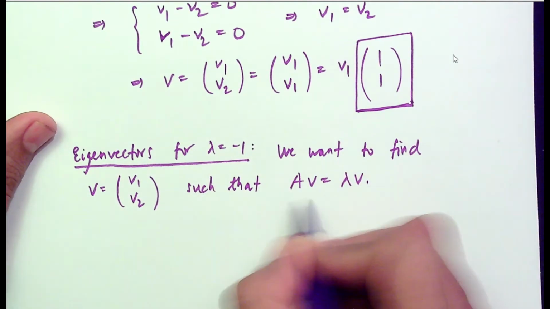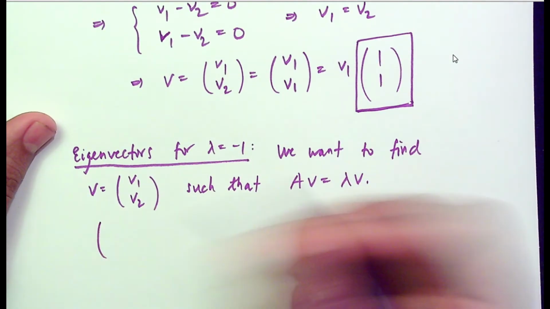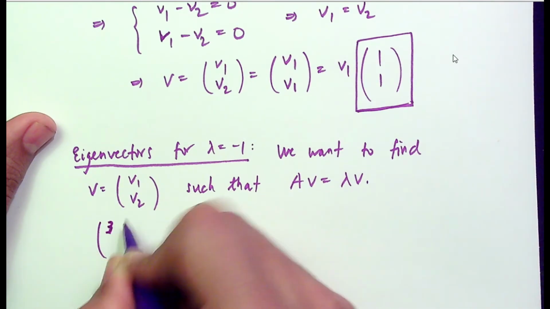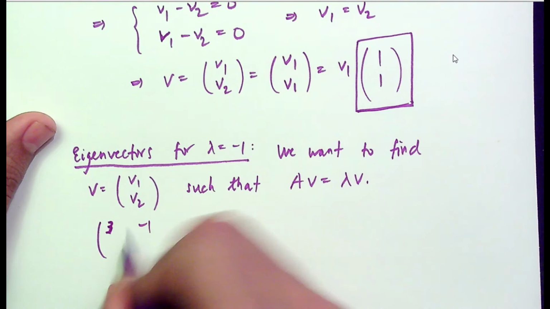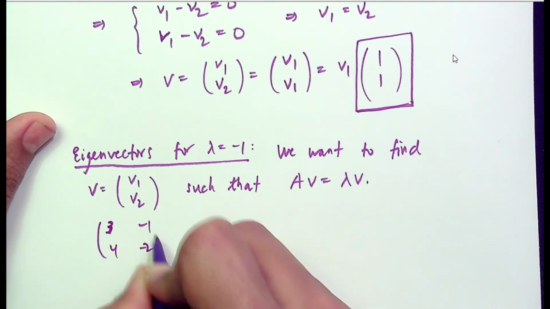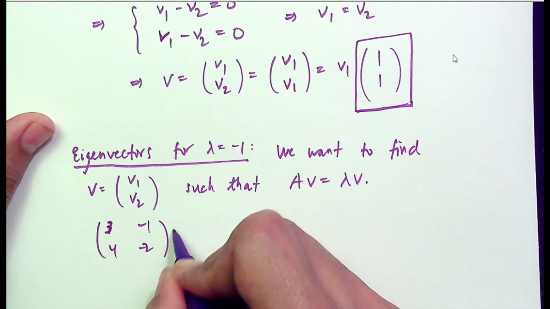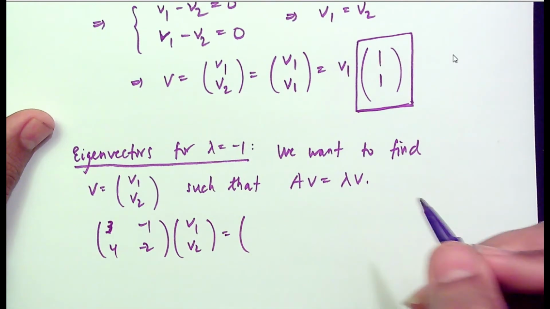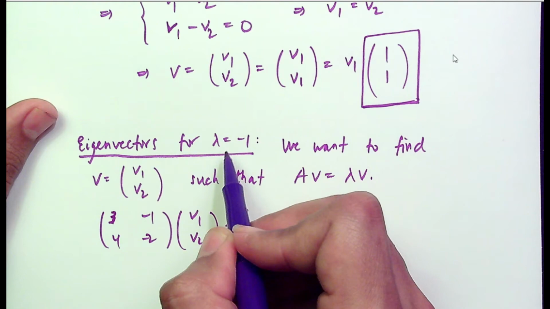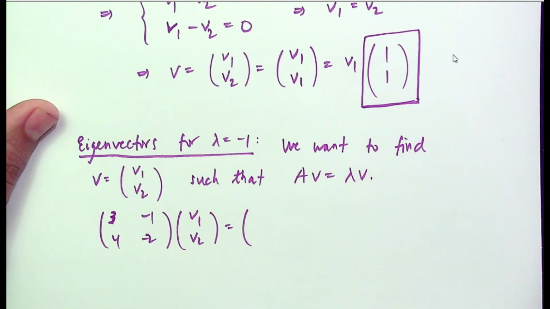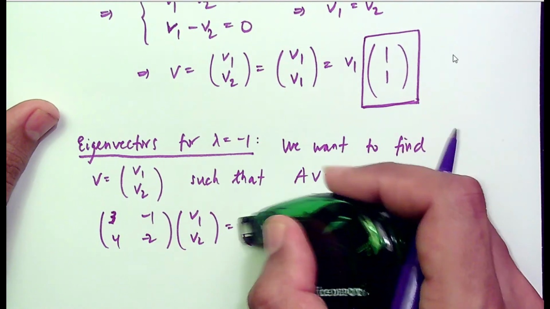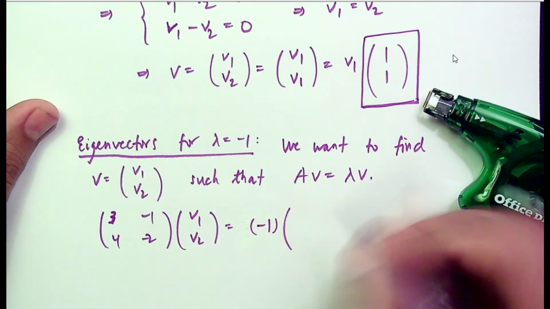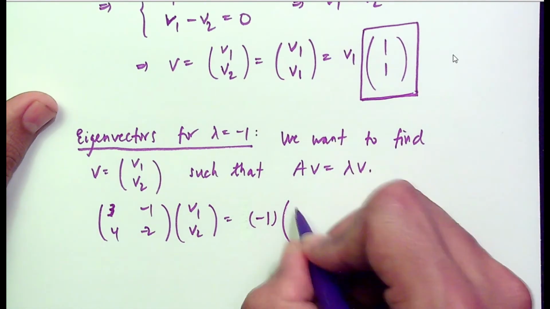Now, writing out what that means, A is 3, negative 1, 4, negative 2, and then v is v1, v2. Lambda, in this case, is negative 1, and then v is v1, v2.